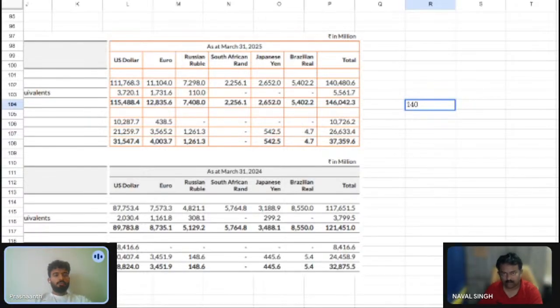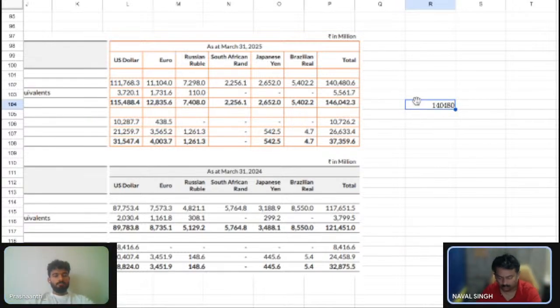But the percentage of revenue is split, I think, between 33 and 67. 33% of the whole revenue comes from India, and 67% comes from overseas. Then this will also be two thirds. Understood. This will be two thirds only, approximately.